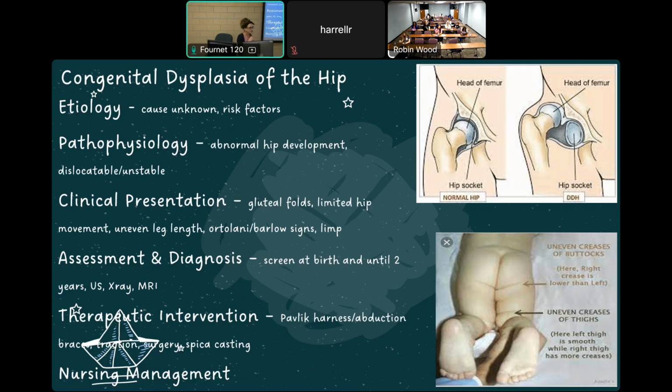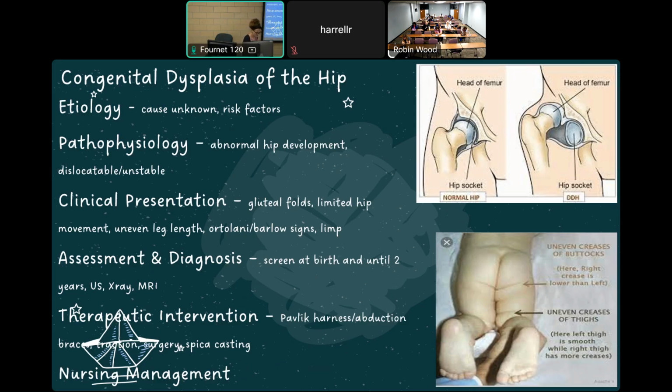And remember, joints are not just cartilage. There are tendons and ligaments and blood vessels and things like that. So as the head of that femur migrates up abnormally, it's putting pressure on all that. This can cause neurovascular compromise. It can cause bone death, infection, all these kinds of things. It's not a good situation.